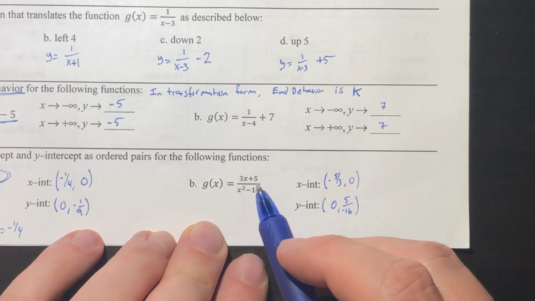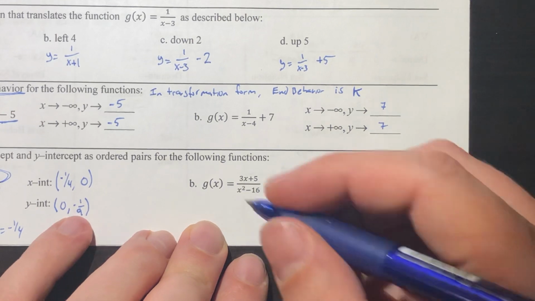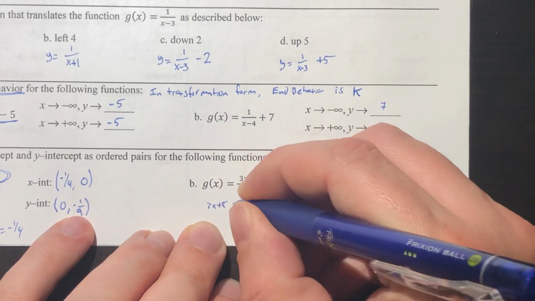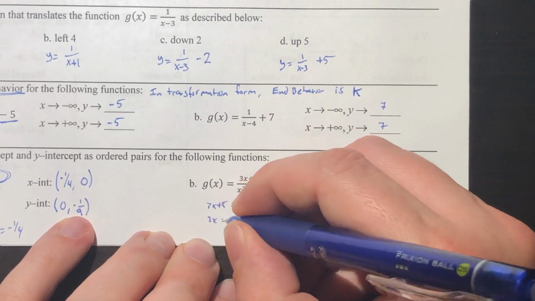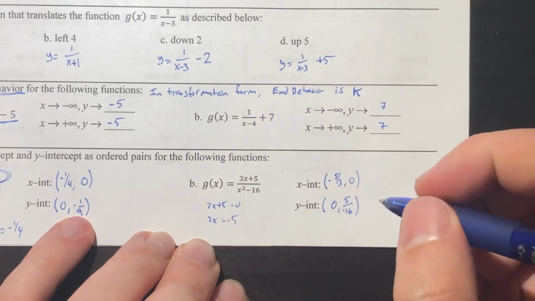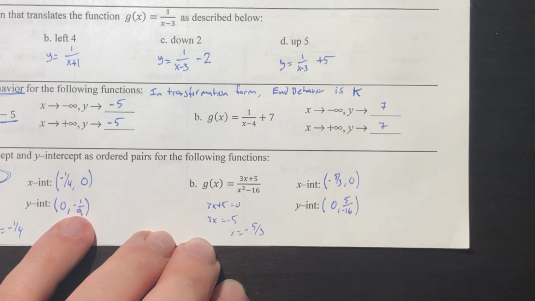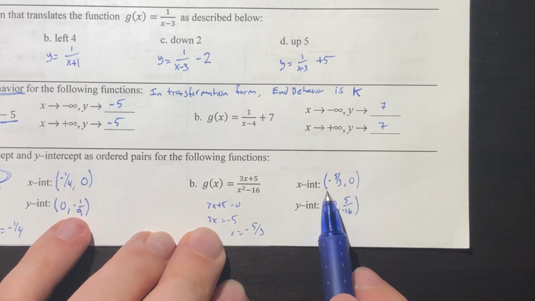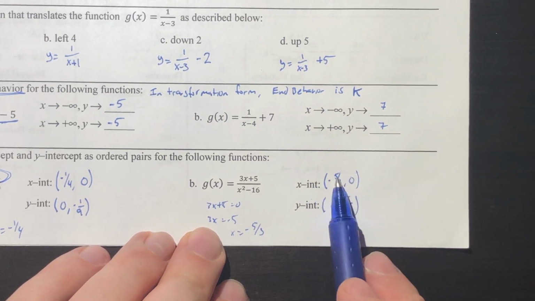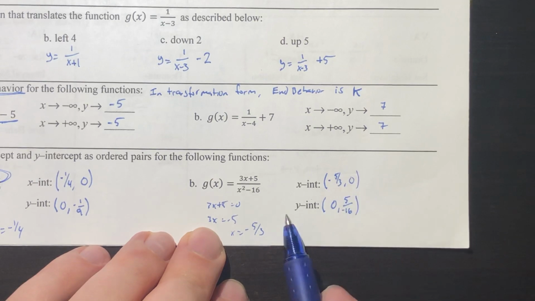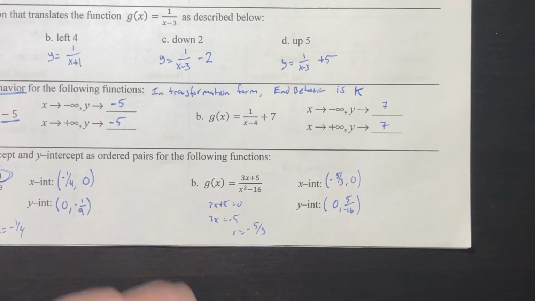So I would say 3x plus 5, I would subtract 5, and then divide both sides by 3, and x equals negative 5/3. Remember, x-intercept is number, then 0. Y-intercept is 0, and then number.